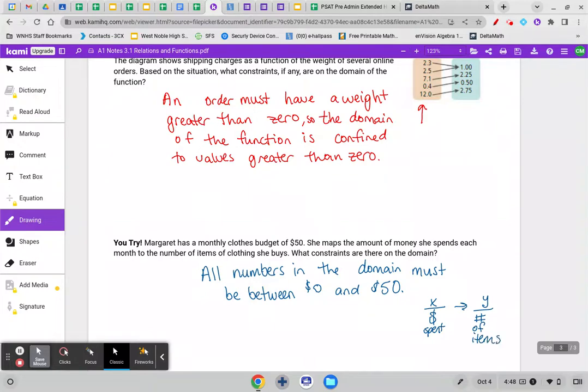Not that it asks for that, but that might help you with considering what your domain is. And you'll notice that I have written that all numbers in the domain must be between 0 and $50. She could spend no money on clothes one month, and then the next month spend her whole budget of $50. But she won't spend more than that, and she can't spend negative money on clothes.